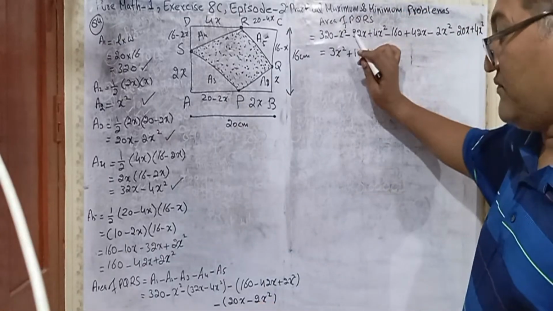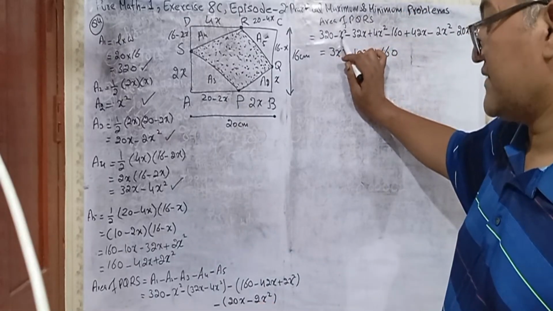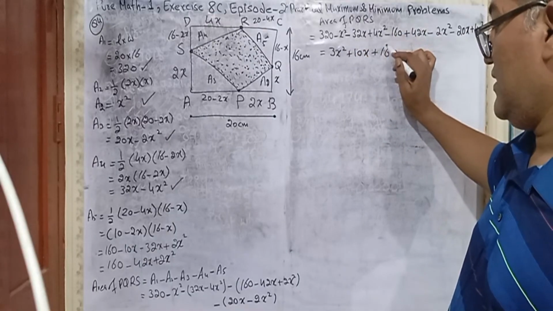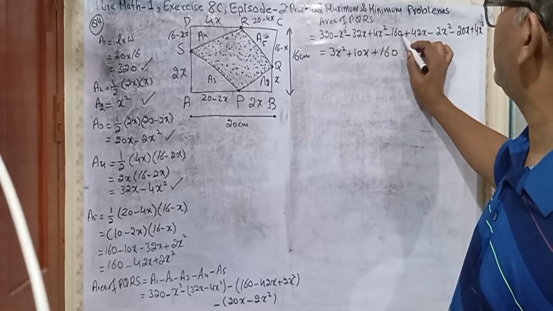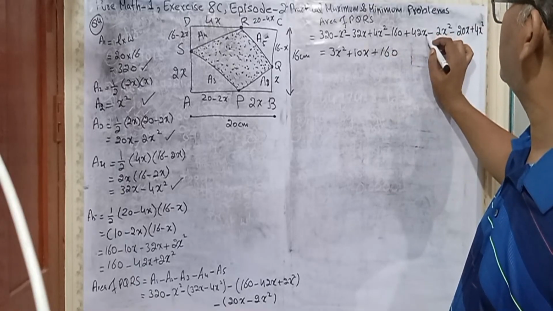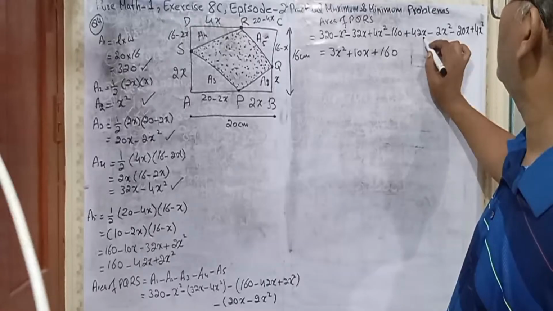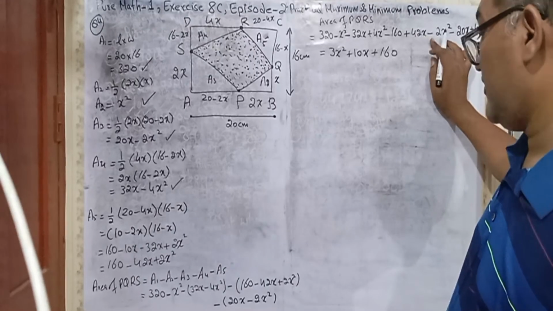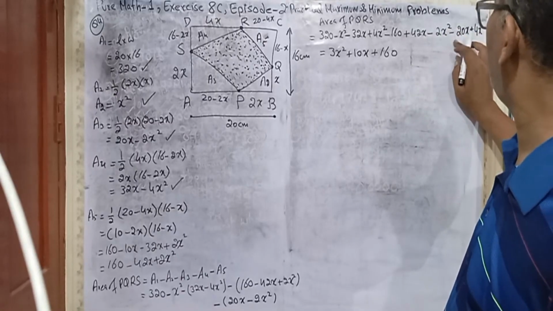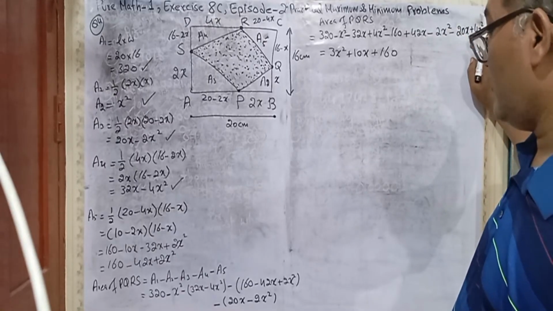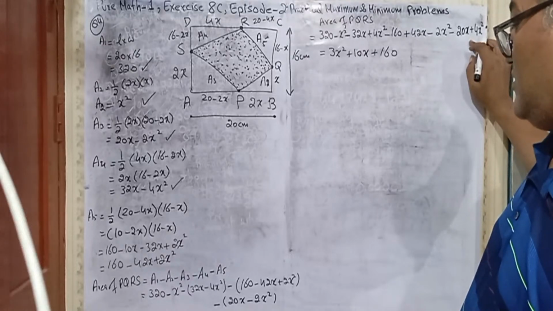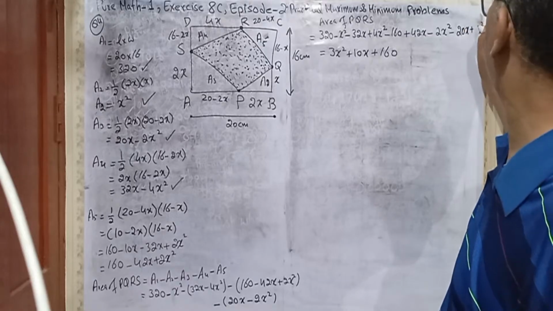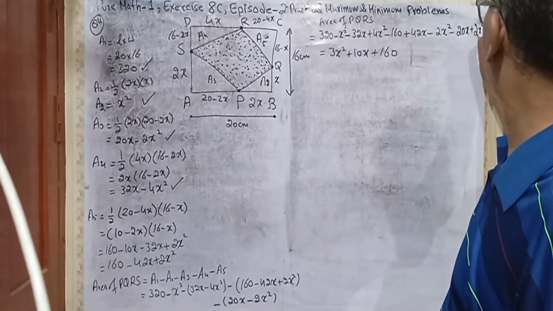So you will have 320 minus x square minus 32x plus 4x square. Then you will have minus 160 plus 42x and minus 2x square. Then you will have minus 20x. This is 2x square. Okay, so 2x square.